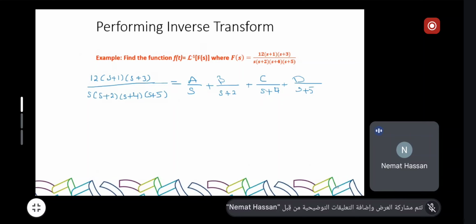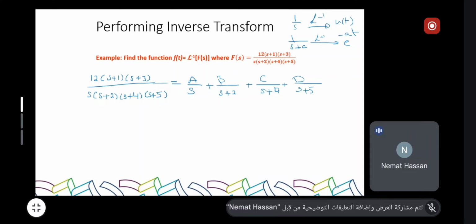And then once I can establish or find the values of a, b, c, and d, then I can go back to the Laplace transform. I know that for 1 over s, the inverse transform is u of t. And for 1 over s plus a constant a, the inverse transform is e power minus a t.